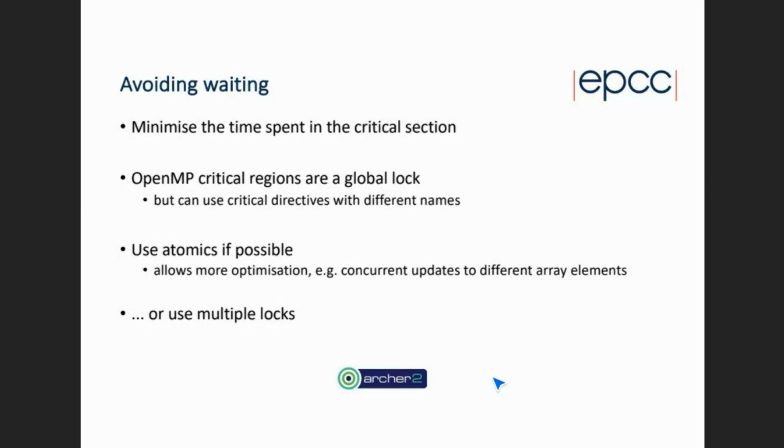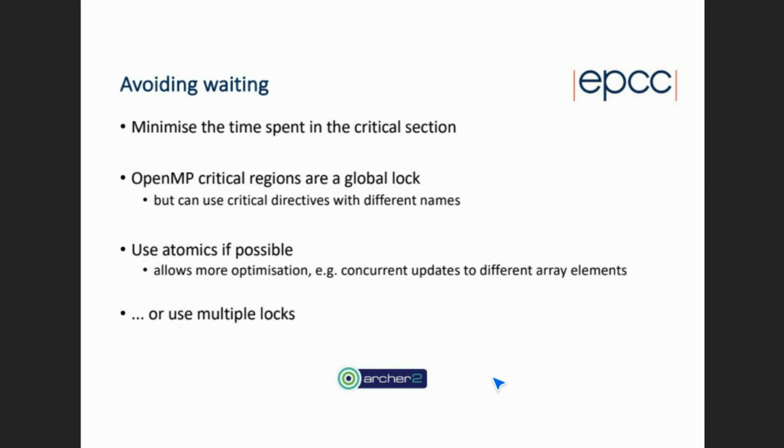If you have more than one thing, data structure or concept to lock, then you can use critical directives with different names to lock different things. So you get more than one lock.